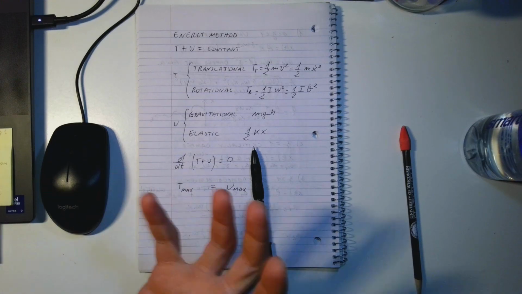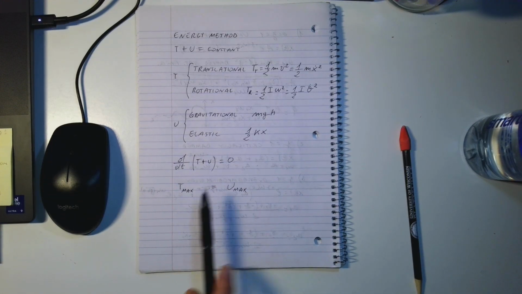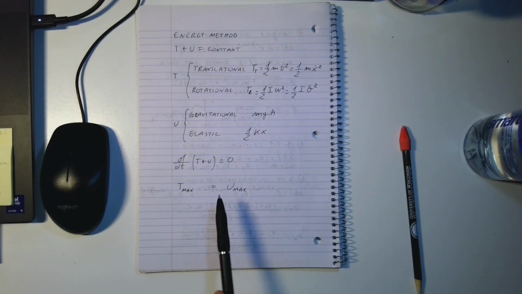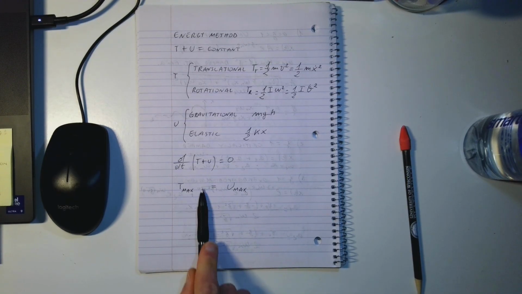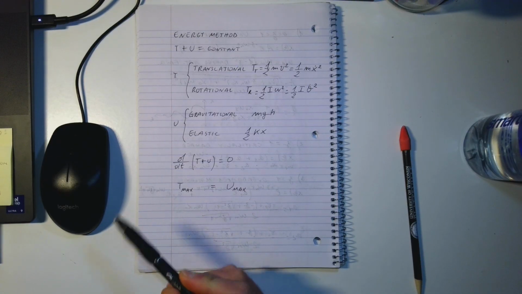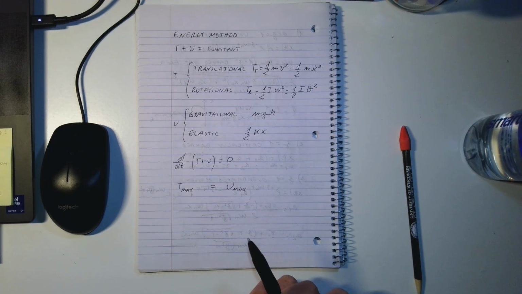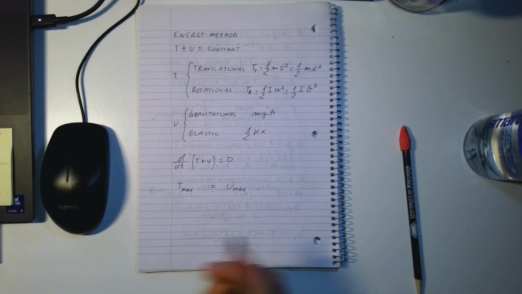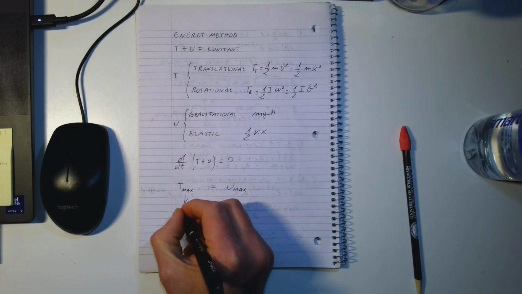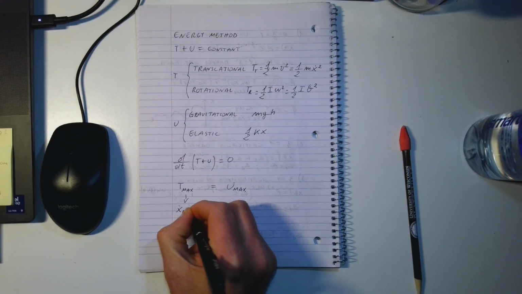So these two must be equal to each other, so that's why we came up with T max equal to U max. We know also from previous lectures that the maximum kinetic energy is related to the maximum velocity that the system can reach. The maximum velocity we indicate with x dot max.